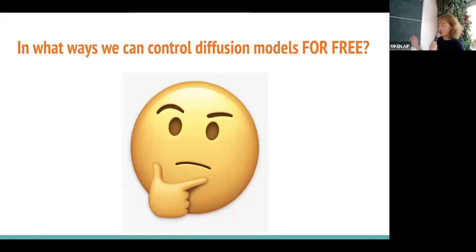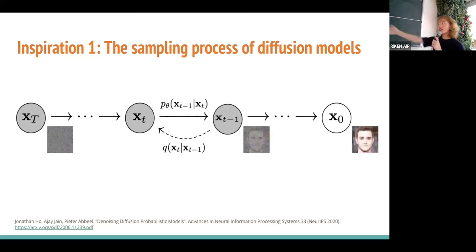Before we ask how we do it, I think we should ask in what ways we can control the diffusion models for free. Let's take inspiration from the sampling process of the diffusion model. In its essence, what the diffusion model is doing is gradually generating images that have some noise and also a basic silhouette of the image.